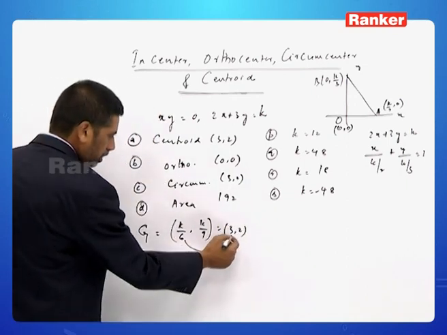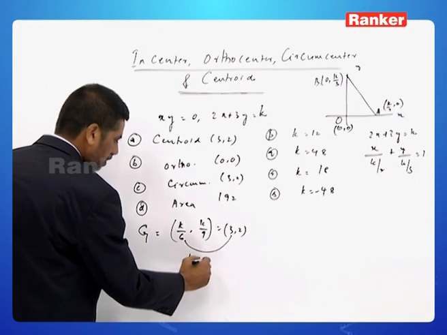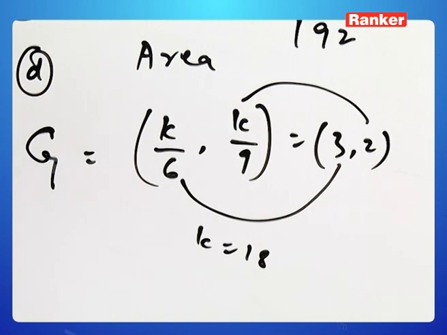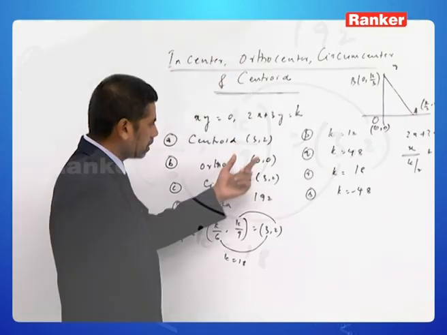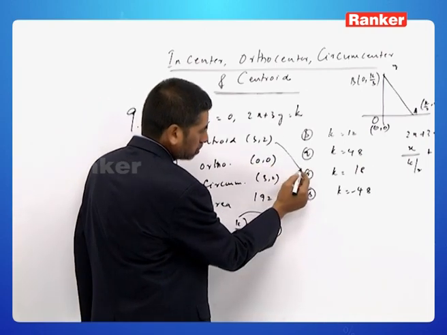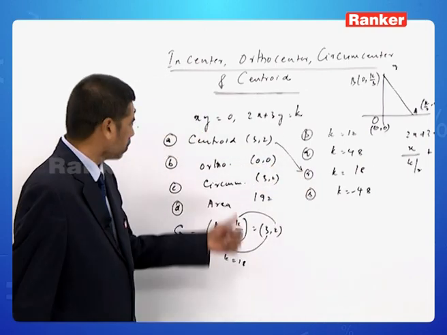Suppose you equate the x coordinates, you get k is equal to 18, which of course is also confirmed by k by 9 is equal to 2, which also gives k is equal to 18. So centroid at 3, 2 corresponds to k is equal to 18. So these two go together. Alright, so A maps onto R.